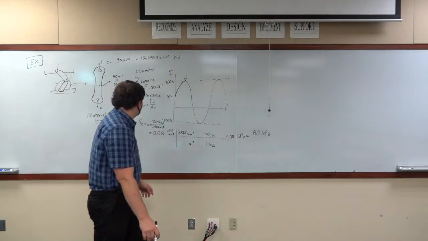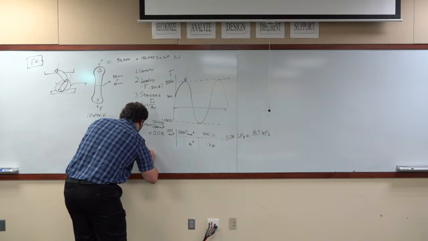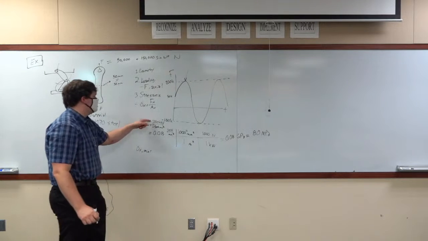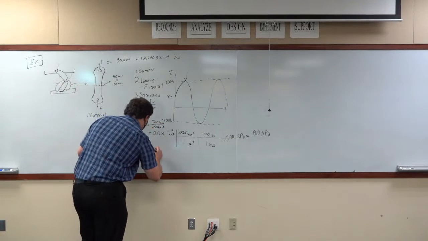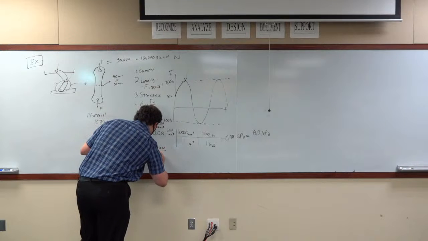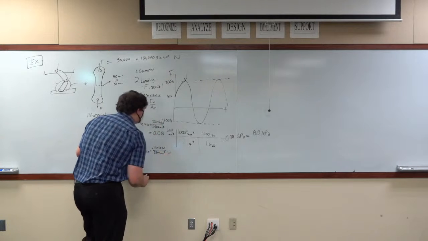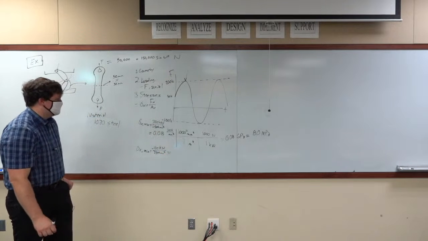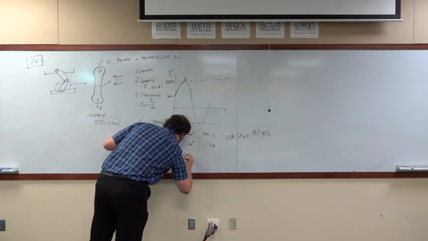The minimum stress value here, sigma x min, is where we take the minimum loading condition, which is negative 100 kilonewtons, and apply it over the same area, 2,500 millimeters squared. The answer ends up being negative 40 megapascals.